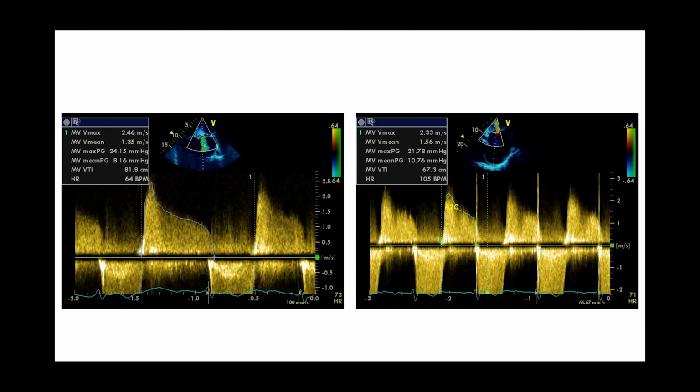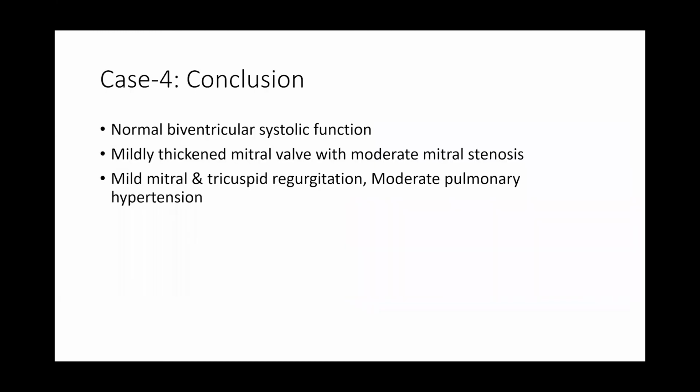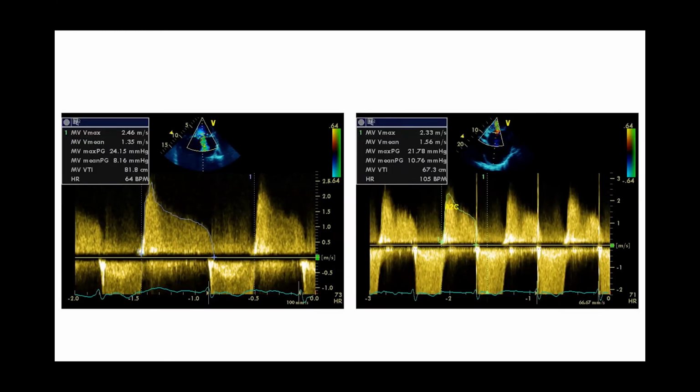Is that correct? Yeah, 4V scale. Yeah. So in the first image you commented that there was at least mild to moderate aortic regurg as well, and so that's why you need to think about the effect of aortic regurg on the measurements.